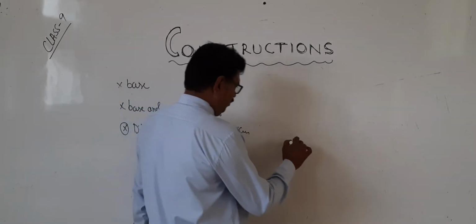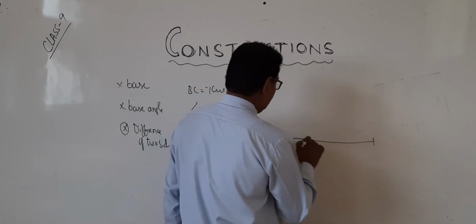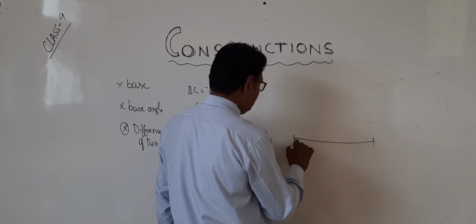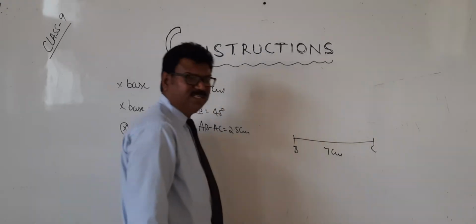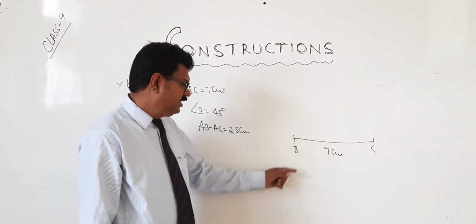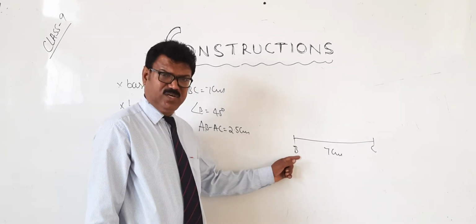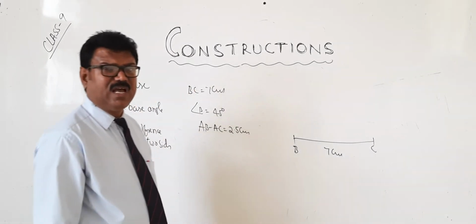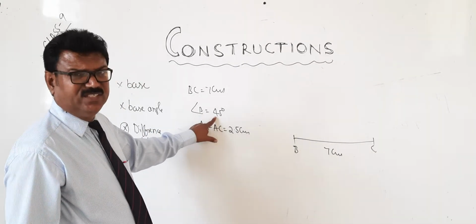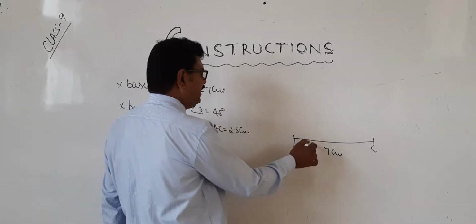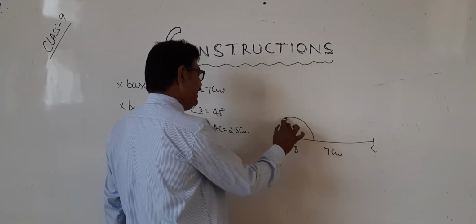Now please get ready. First you draw with a compass BC 7 centimeters. You draw a line segment of 7 centimeters. Did you draw? Draw fast. Afterwards, now we have to draw 45 degrees. So take a compass. Take any radius.